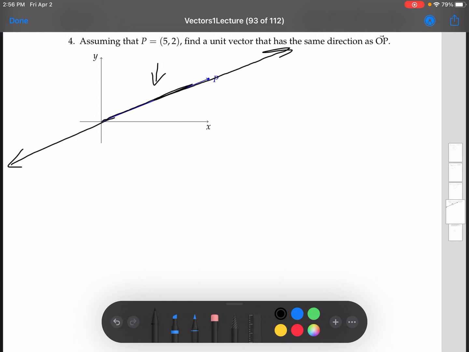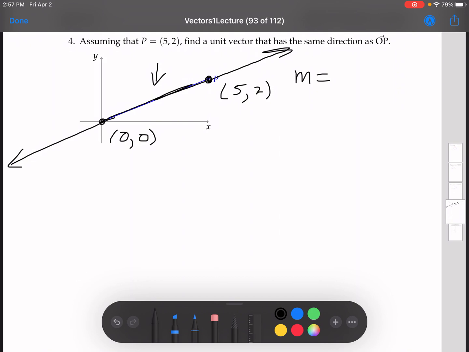Now the point P is on that line. That's the point 5, 2. And this also goes through the origin, so 0, 0 is on there. So we can find the slope of this line.